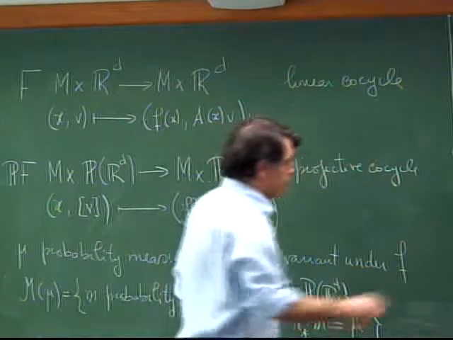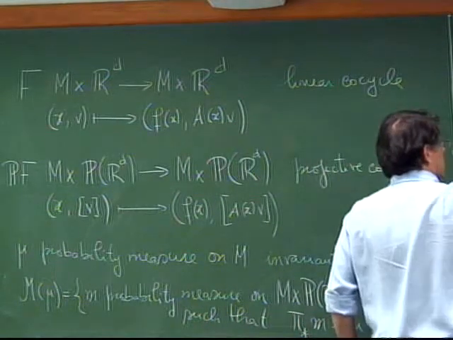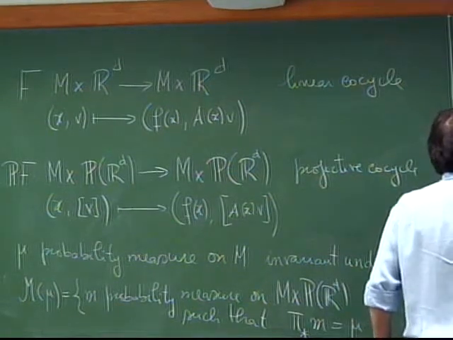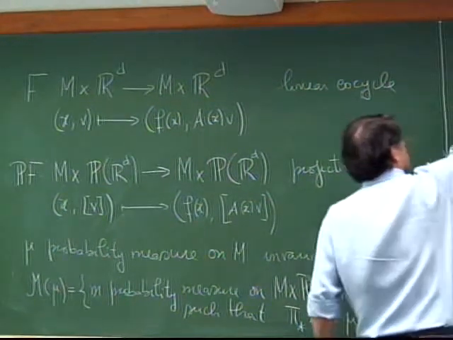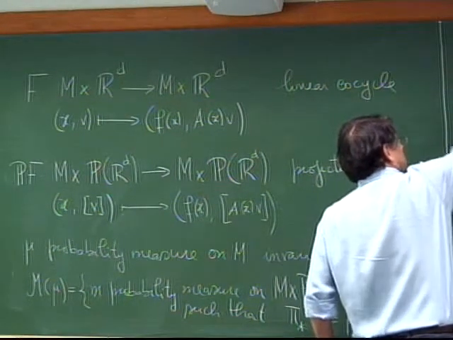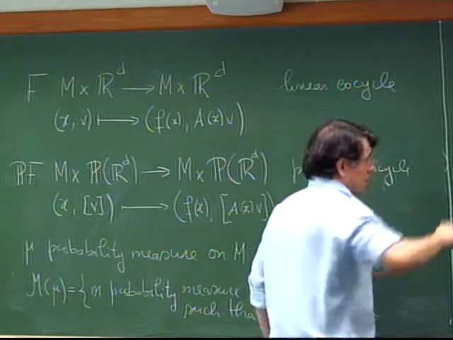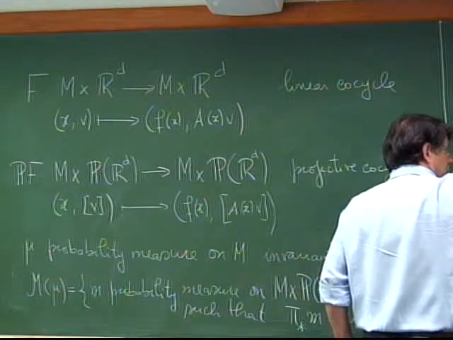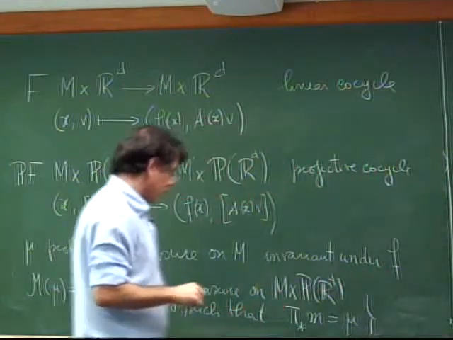Okay, so the picture, you have a product. Here is M, here is the projective space, and you consider measures m here, such that when you project them, you get mu.